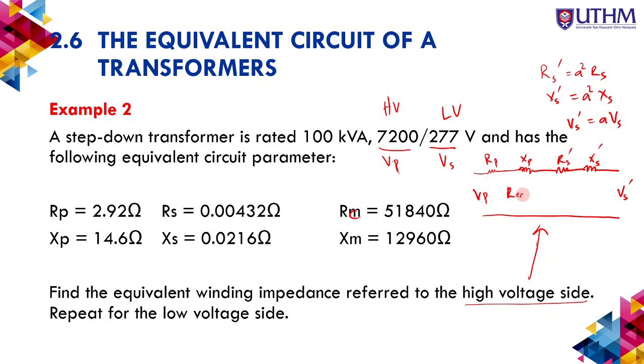So R equivalent P is Rp plus Rs prime, and X equivalent P, which is referred to the primary side, is Xp plus Xs prime. For me, I am comfortable using the prime, compared to directly using A square Rs, because sometimes you get confused.